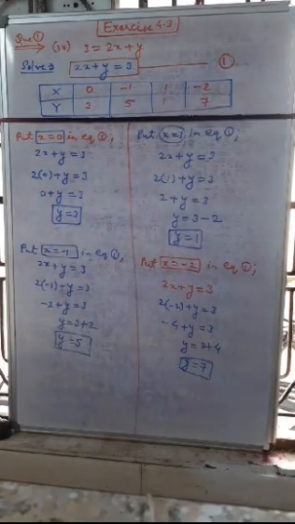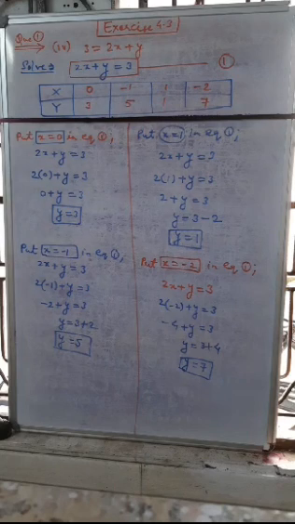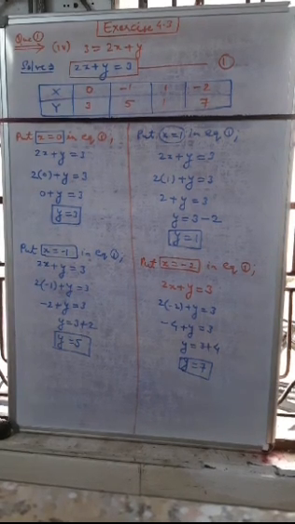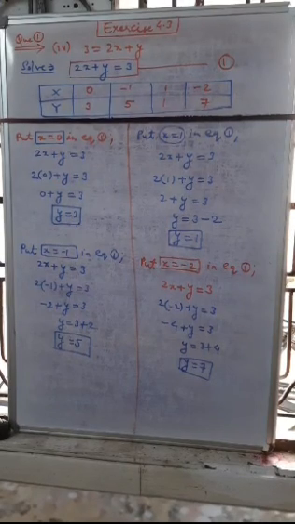So this is the construction of the table before constructing the graph on the Cartesian plane. So you may understand this technique, how to put the values of x or y.